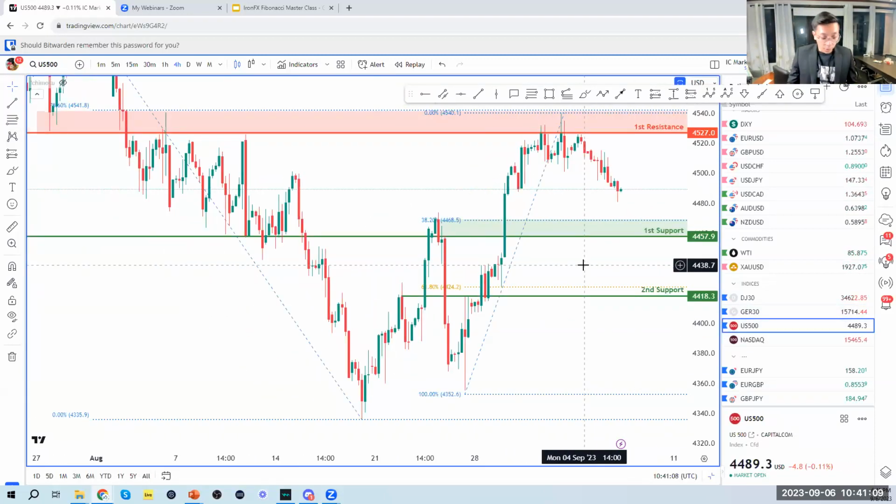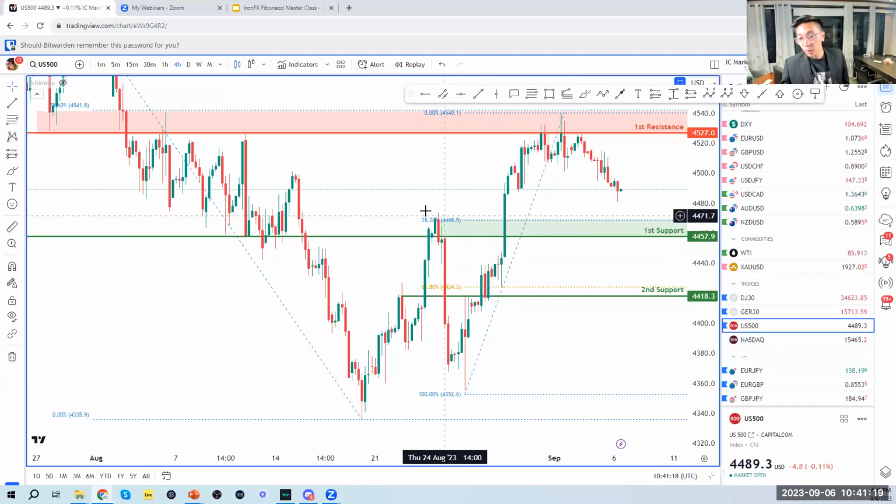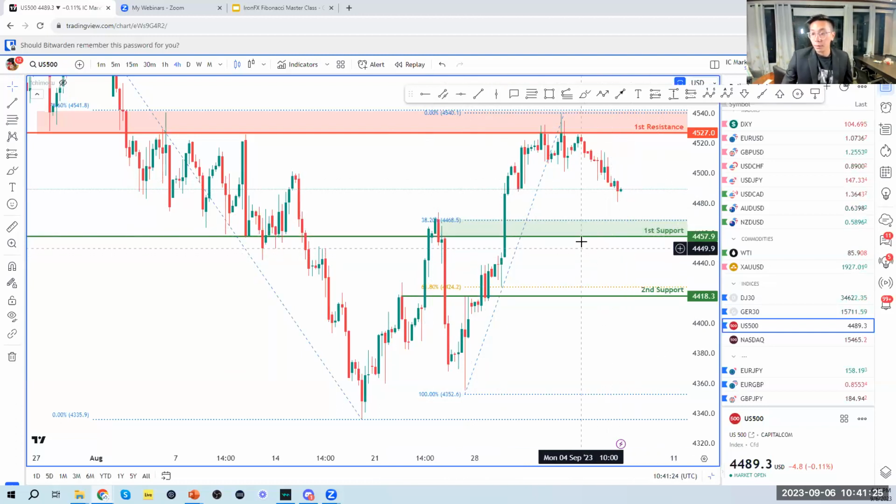For US 500, it's very, very simple. Basically, price will come down to this 38.2% level and then go up. Your second support will be your 61.8% retracement level, and then you're buying the pullback as well.